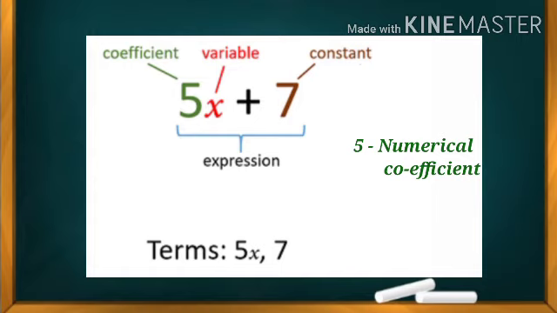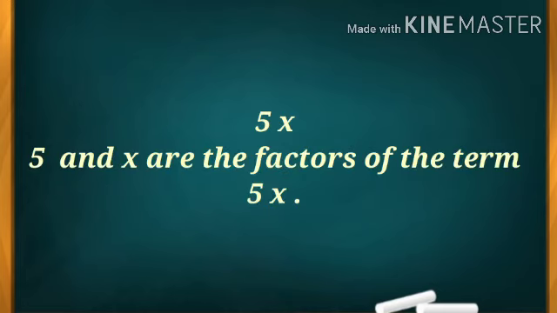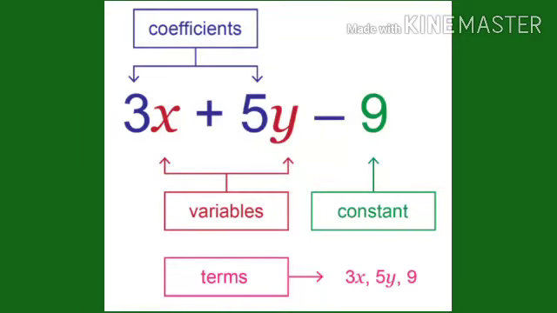However, the numerical value 7 is called a constant, which is a fixed value. Here, 5x and 7 are said to be the terms of the algebraic expression 5x plus 7. Also, in the term 5x, we can say that 5 and x are the factors of the term 5x.